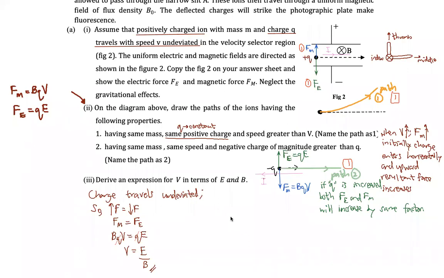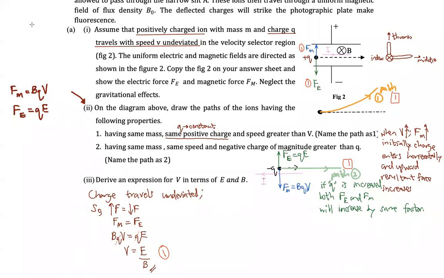Alright, so again people, 1 mark for this whole thing. So we have 1, 2, 3, 4, 5. This is how the mark allocation goes and the answers for this part.